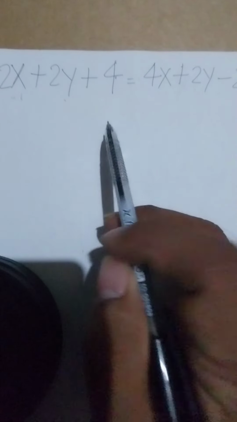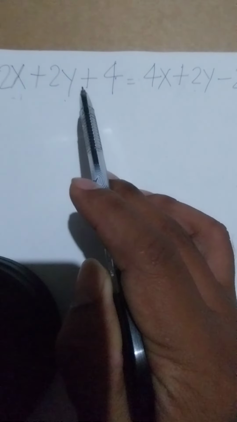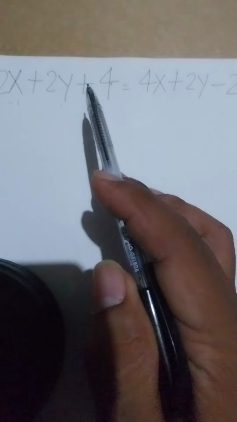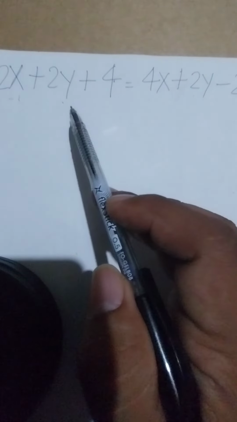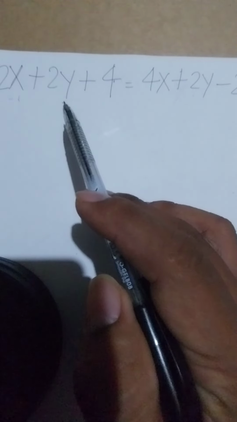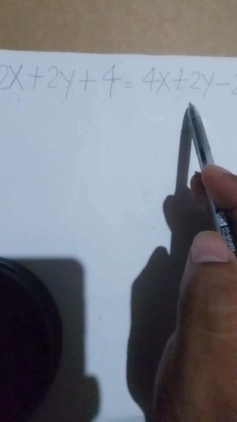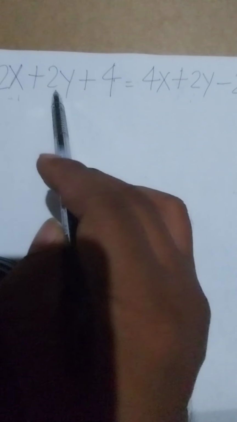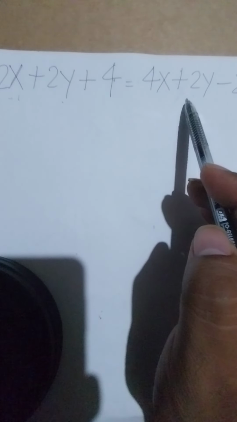Tignan muna natin ang variable, each variable. So, let's say for example, itong 2y, itong y. So, if you're going to observe, itong y at saka itong y sa kabila, meron sila same coefficient. Okay?